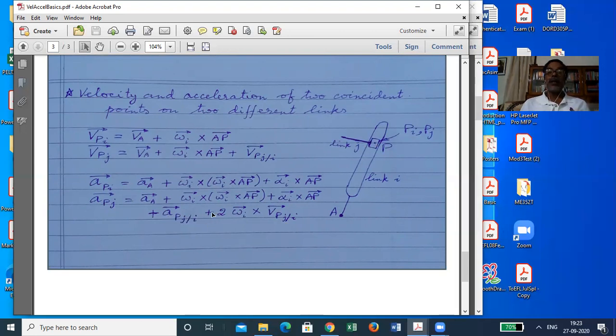And then there is another, which is twice omega I cross the relative sliding velocity that we saw. This is called the Coriolis term, which you know about from your dynamics knowledge. So with this much background, we go into the proper velocity analysis of mechanisms.